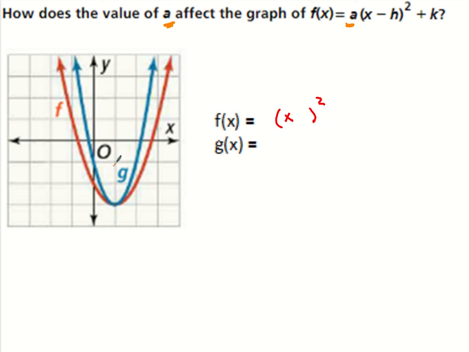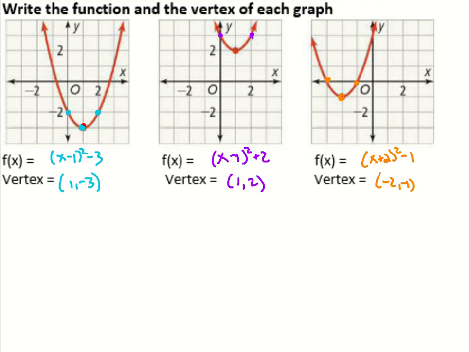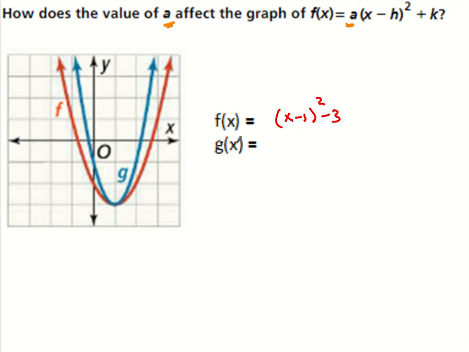The vertex is at +1, -3. So it's going to look like x minus 1 and then -3 on the outside. Oops, sorry. So that part's done. Now what I want to figure out is, well, what's the rate of change?